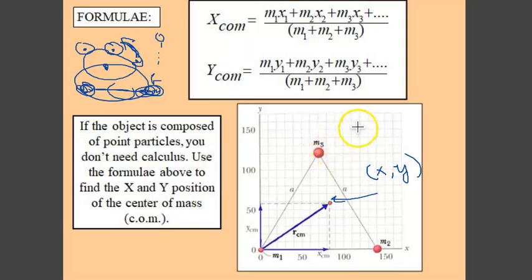So for example, M3 is 3.4 kilograms and M2 is 2.5 kilograms. So M3 is going to shift the center of mass up, and M2 is going to shift the center of mass to the right and down. Then you calculate on average where the mass is, and you'll do the same thing for the y coordinate.